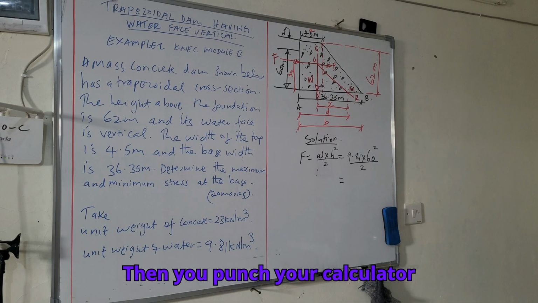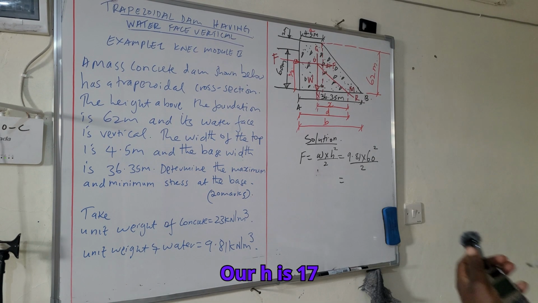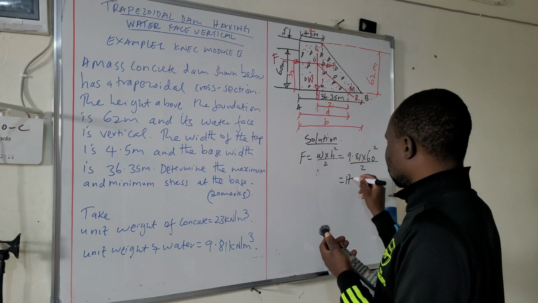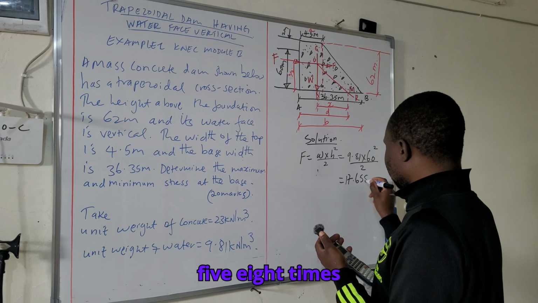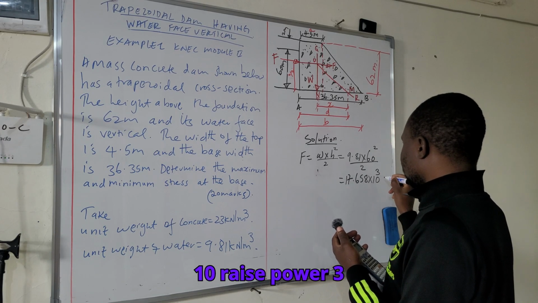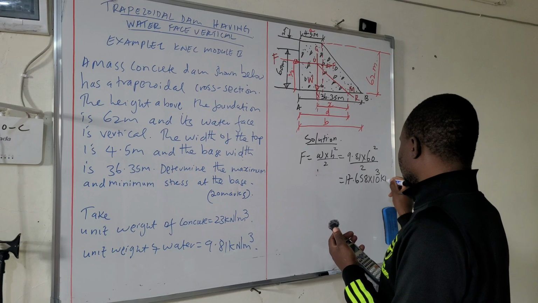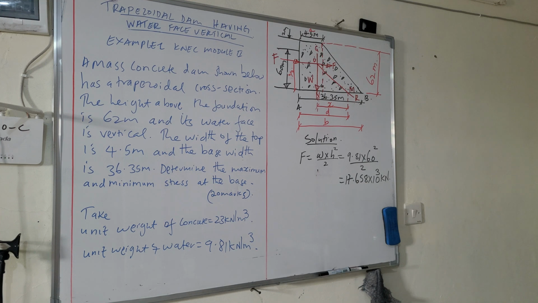Then you punch your calculator. Our F is 17.658 times 10 raised to power 3 kilonewton.